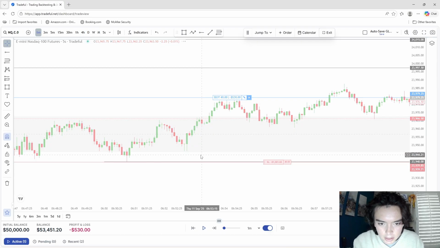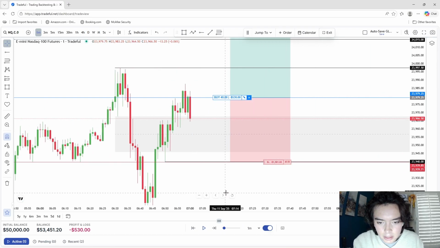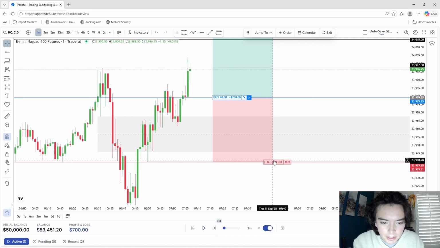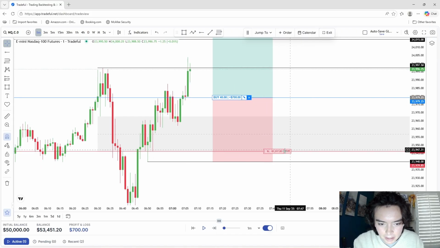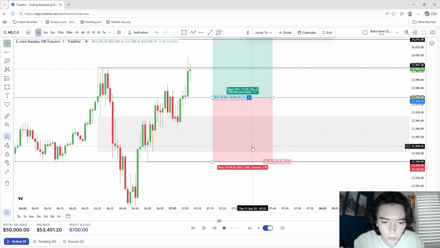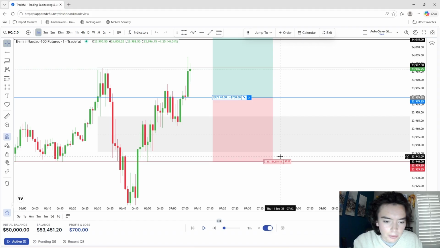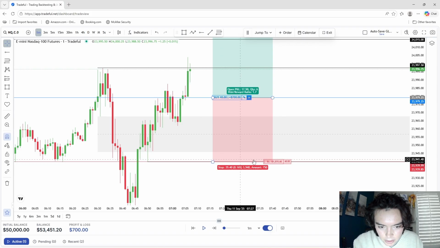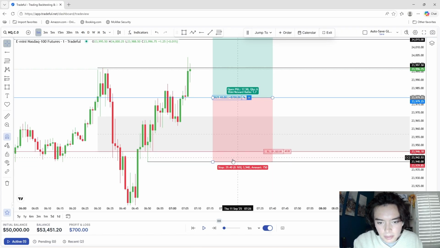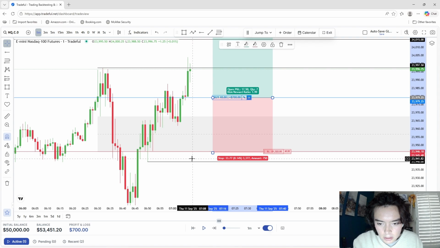But let's just leave it here for now. Or actually, let's just see what's happening. Okay, so we actually didn't even need to move our stop loss, but again, I can fidget from here to here. Obviously, you can hold. You guys are probably trading like the size I am, but this would be a safer, more ideal stop loss. So it really doesn't matter, but I just want to let you guys know.